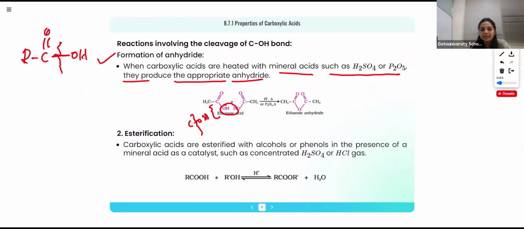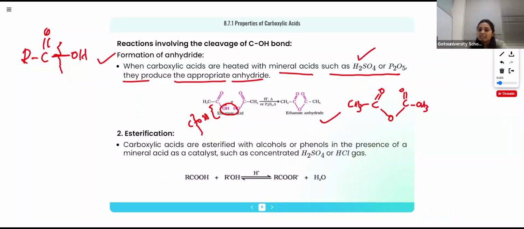So what are the remaining things? CH3 is there, C double bond O is there, this OH is removed, this hydrogen is removed, and the oxygen is connected to the remaining group like this. Ethanoic anhydride. So this is the reaction in which we are removing water.